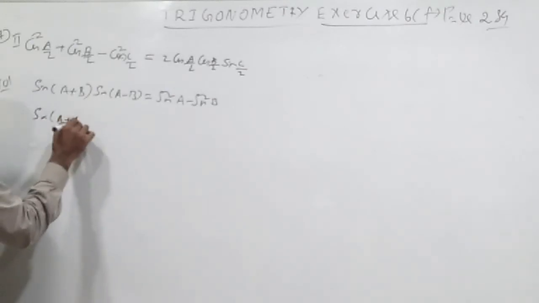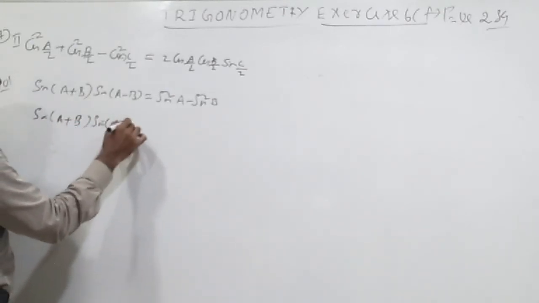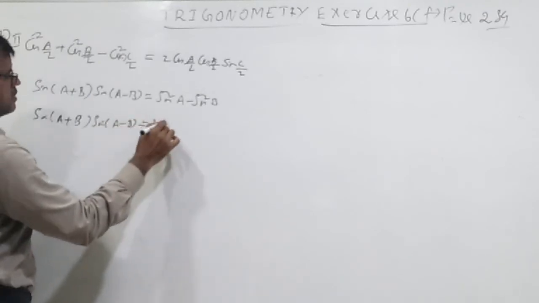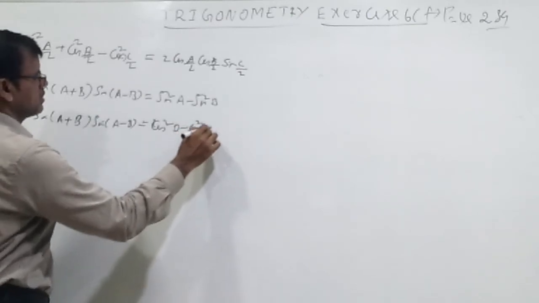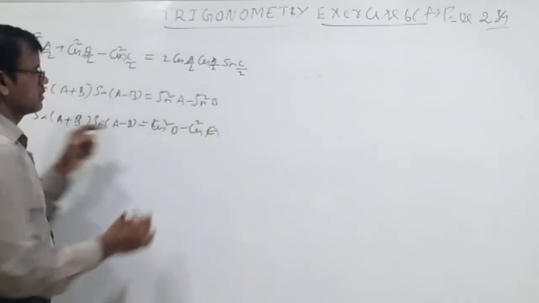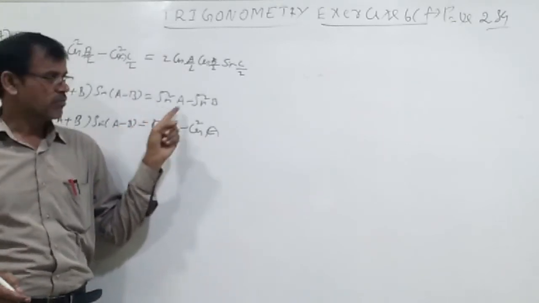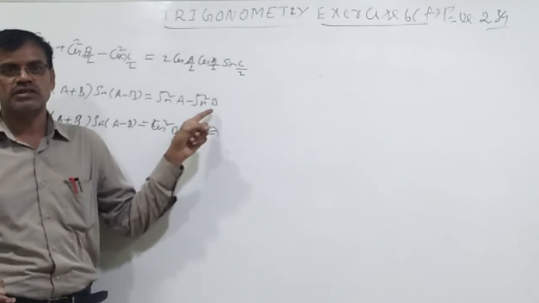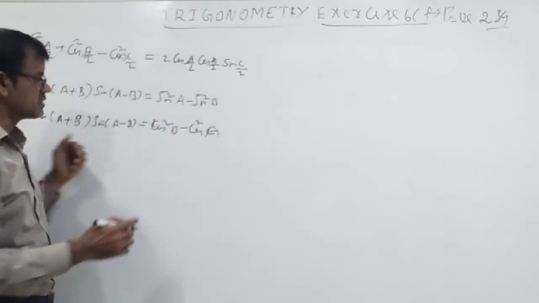So the same formula sin(A+B) · sin(A−B) can be understood as cos²B − cos²A. If you could not understand: 1 − cos²A minus the bracket (1 − cos²B), the 1 and 1 get cancelled, and the plus and minus are altered like this.